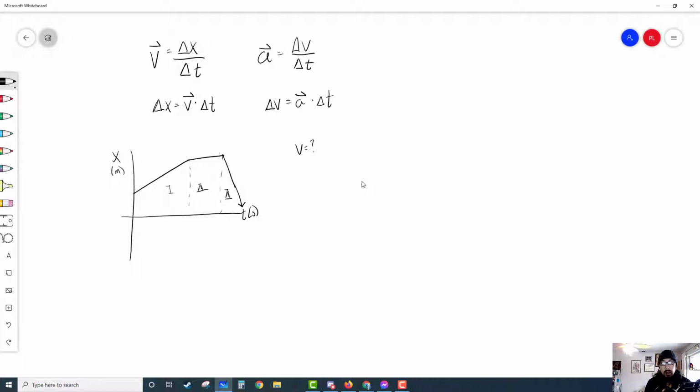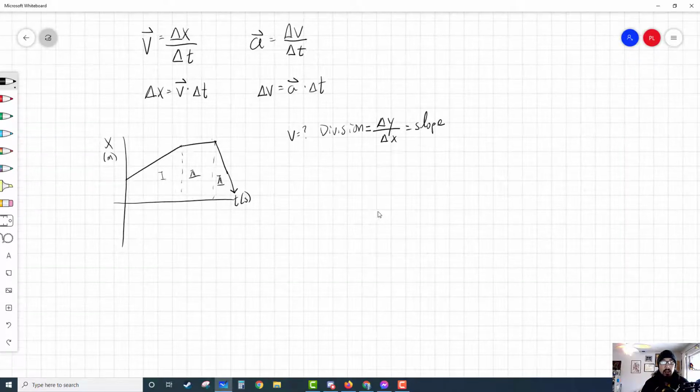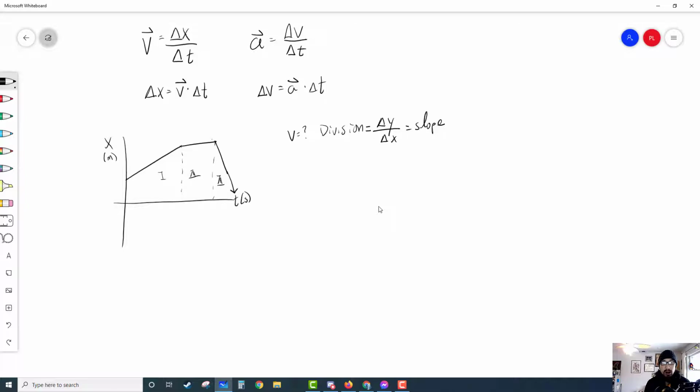Here we have a division, and the division is the change in the y-axis over the change in the x-axis. Whenever you are dividing your y by your x-axis, what you're looking for is slope. So in order to find the velocity of portion 1, all you've got to do is find the slope of that line.